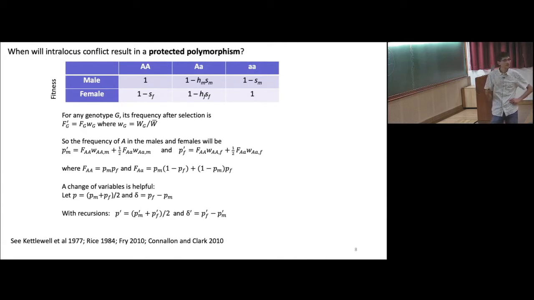If you were actually going through analyzing this model, we started really with 2 variables, the frequency of the big A allele in the males at birth and in the females at birth.